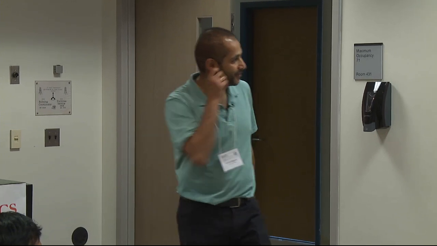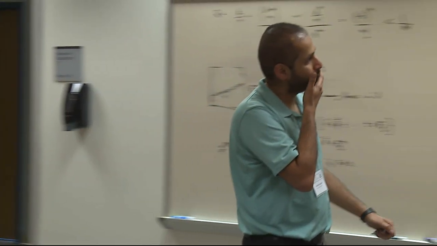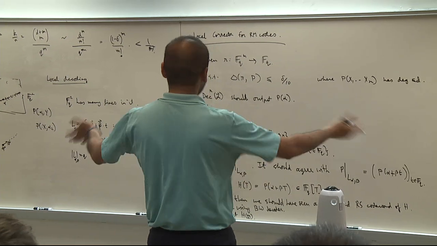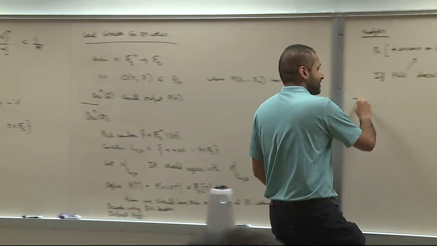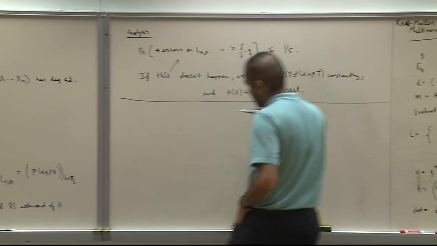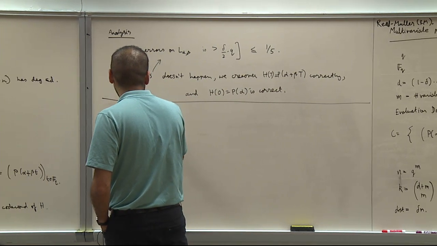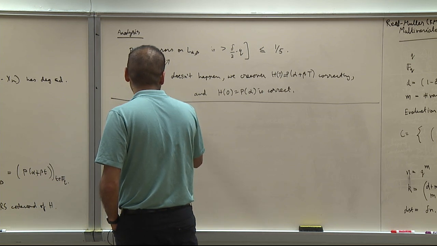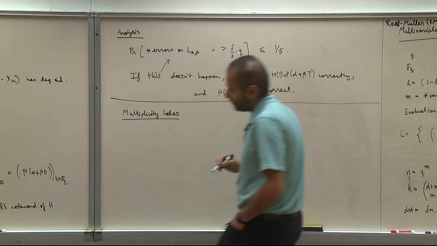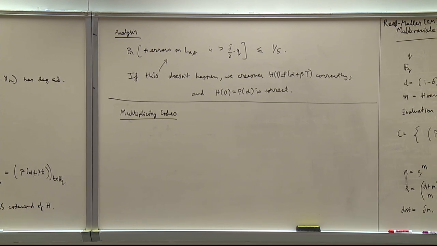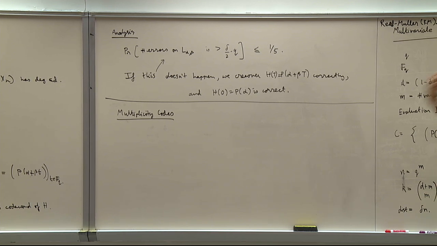So, okay. Maybe I have 5 minutes. I can define the code. So these are called multiplicity codes. They are just like multivariate polynomial codes, except we will evaluate polynomials with multiplicity, which means you take its values and its derivatives.